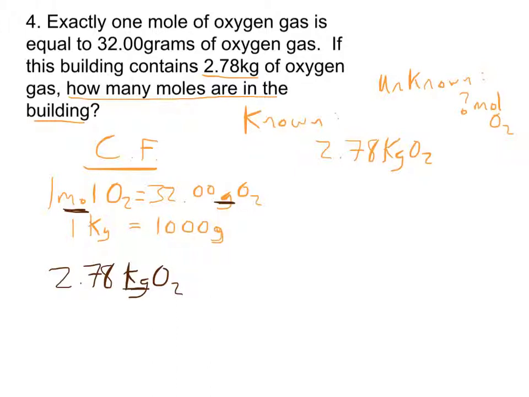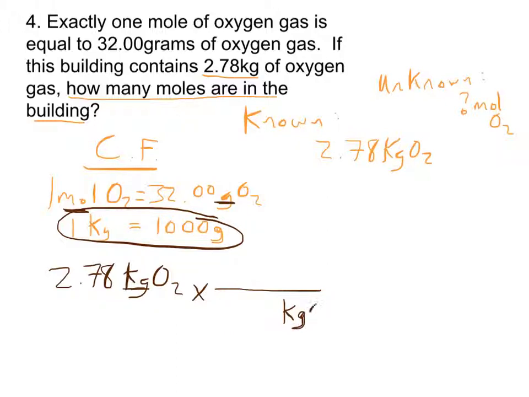So we're going to go back to where we were doing the dimensional analysis and use that conversion factor. You look at your known, 2.78 kilograms of oxygen gas, and you're now going to multiply it by the conversion factor that we just wrote. We have to put kilograms on the bottom, so we put kilograms of oxygen gas on the bottom, and the other unit, grams of oxygen gas, on top.